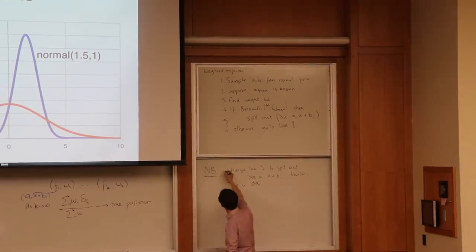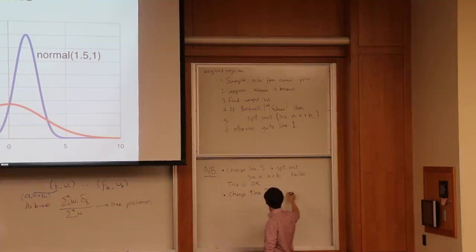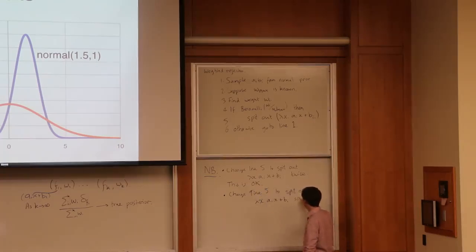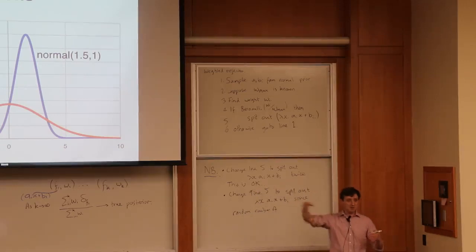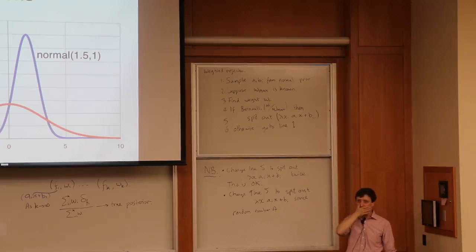One last observation I want to make. I could change line 5 to spit out the result, lambda x, a_i x plus b_i, some random number of times. Each time I'm about to spit it out, I draw something from some distribution on the natural numbers, maybe a Poisson distribution, and then I spit it out that number of times.